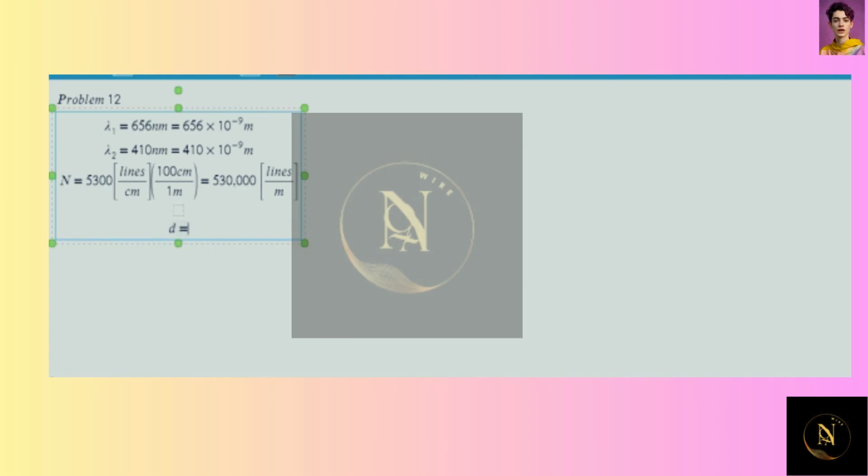So d is given as the inverse of that n. Notice that the units here are 1 over inverse meters. So then we get 1.887 times 10 to the negative 6 meters.